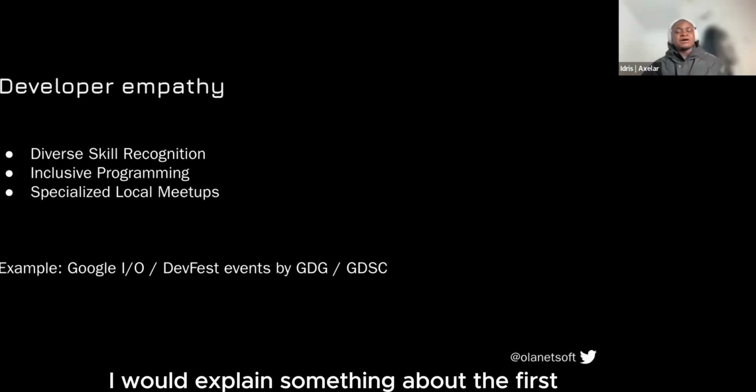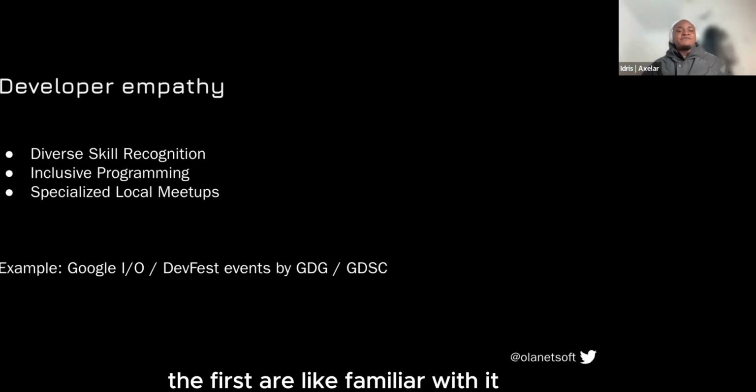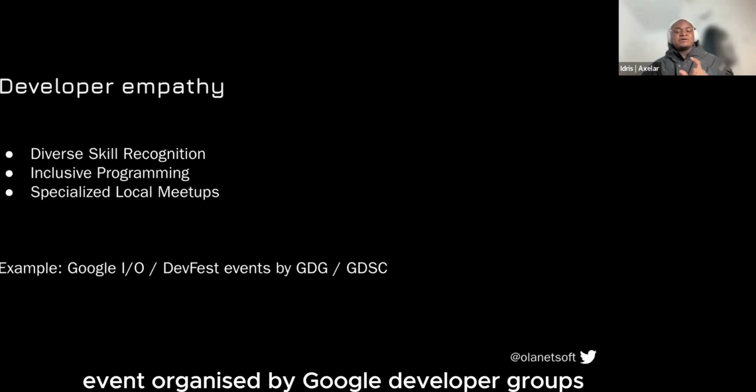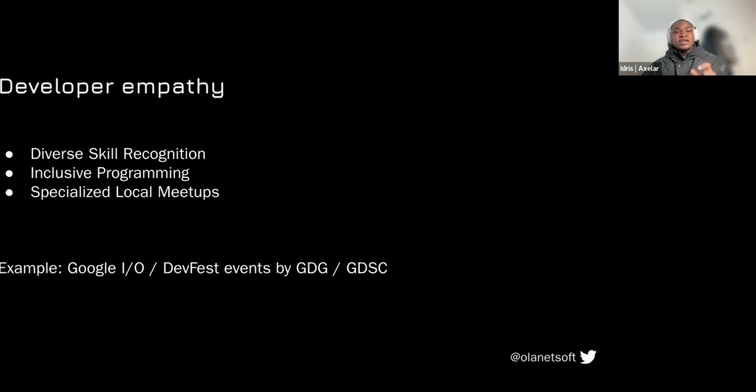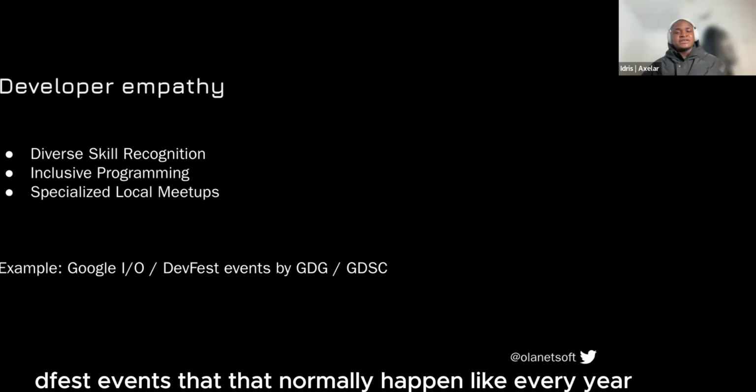I would explain something about DevFest. I know many of us might already have heard the word DevFest, but if you are not familiar, this is a developer festival event organized by Google Developer Groups in different local areas. For example, in Nigeria, we have different DevFest events that normally happen every year.